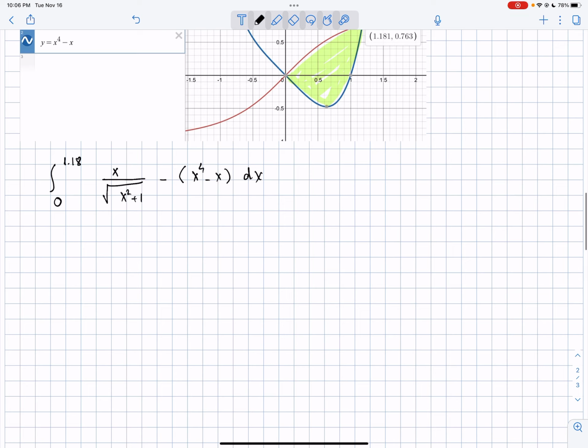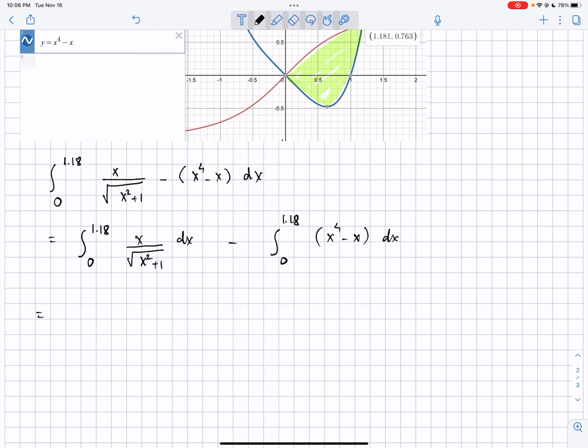Then we will have to use the u substitution. For the first one, if you want, you can separate. So it's the integral from 0 to 1.18 of x over square root of x squared plus 1 dx minus the integral from 0 to 1.18 of x to the 4 minus x dx.